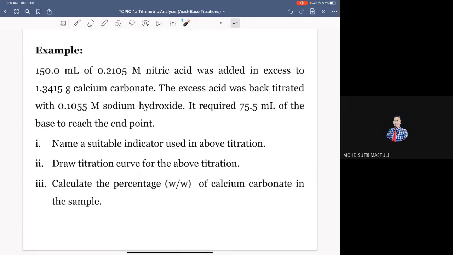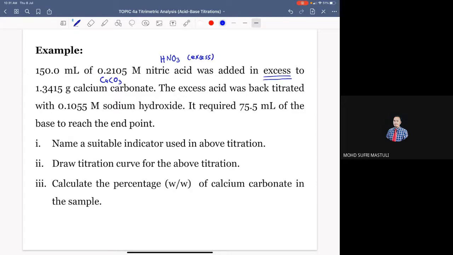We try. 150 ml of 0.2105 molarity of nitric acid, HNO3, was added in excess to 1.3415 gram of calcium carbonate, meaning that this nitric acid we add in excess amount.